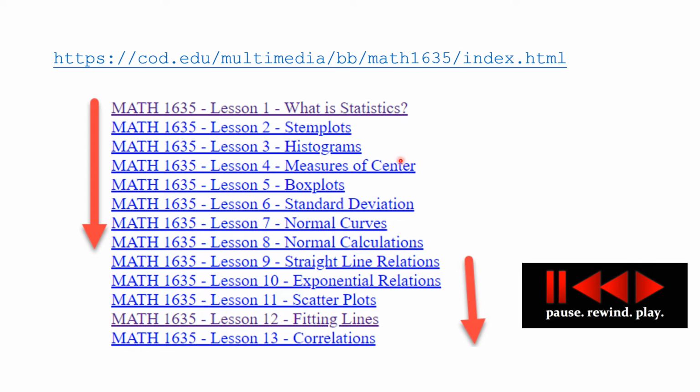Now, what you will do is go to this link, and then you can click on lessons 9, 10, 11, 12, and 13, which are the start of our discussions of regression. And you may recall that previously we really hadn't finished with normal curves and normal calculations, but time goes on, so we're going to be doing more of this, and we'll be working on this as well the next time we meet.